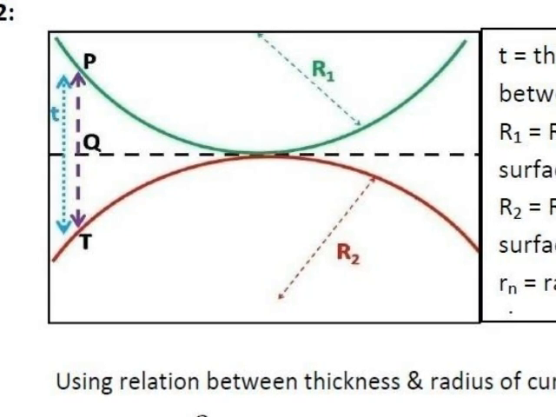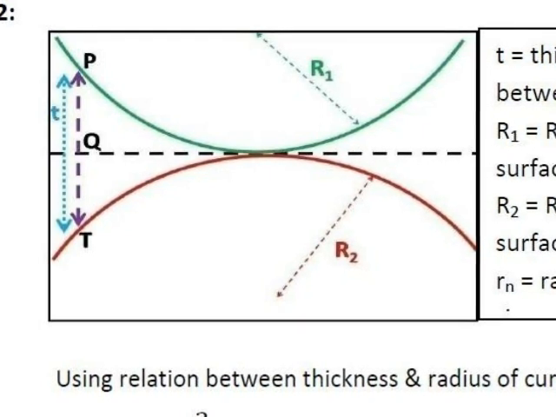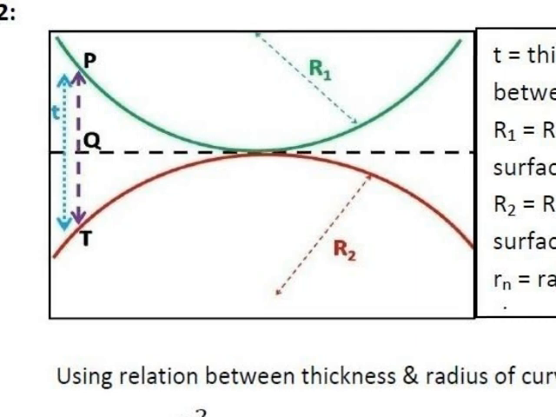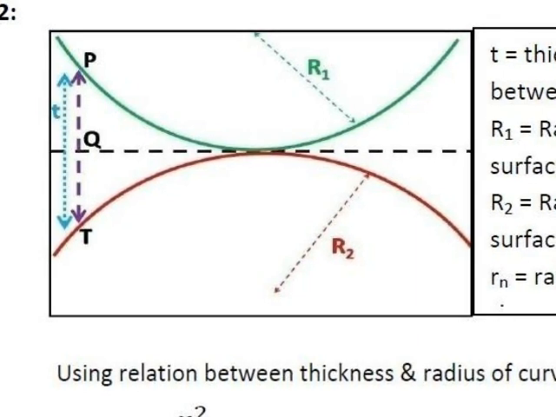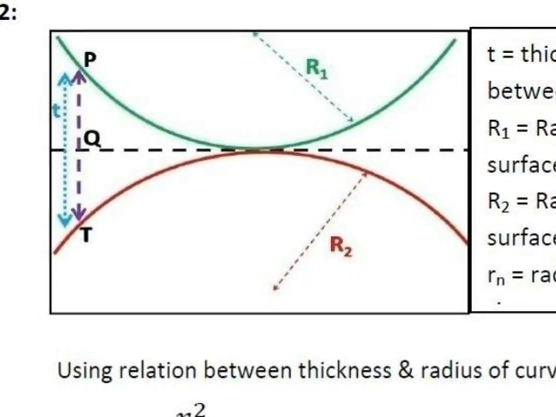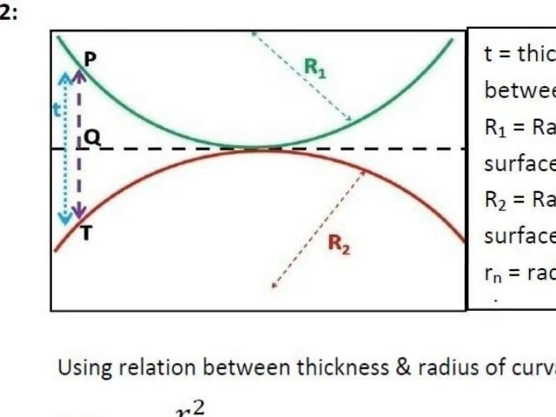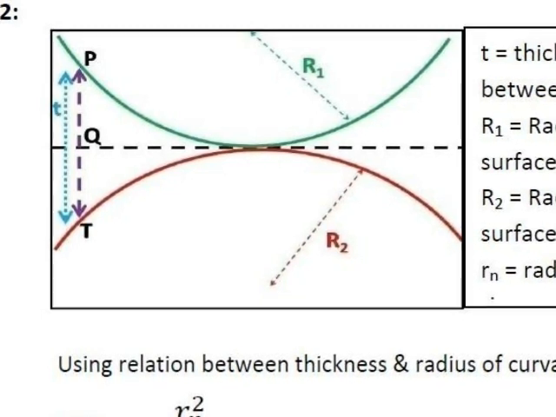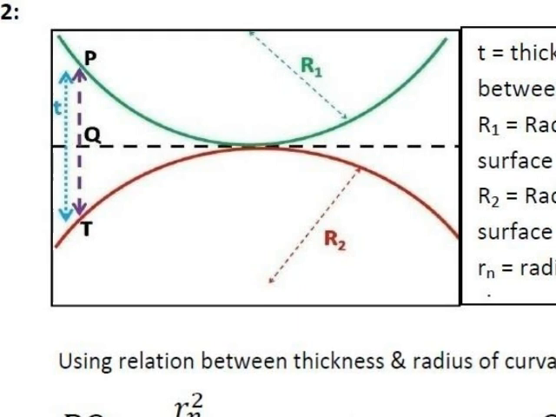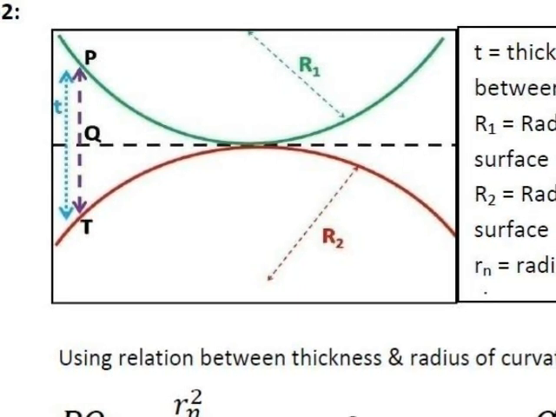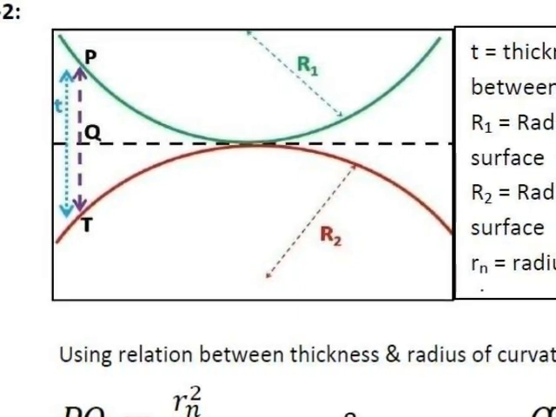On the same pattern, we may have the case of a curved surface shown by the green color, and a curved surface shown by the red color, and our aim is to find out the thickness of air film trapped between these two curved surfaces. Here we have shown the glass plate by the black dotted line.